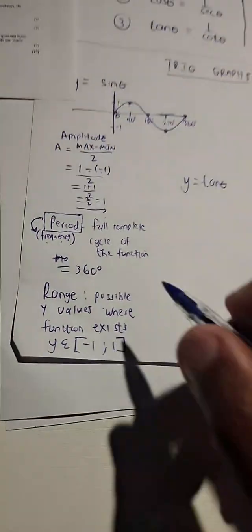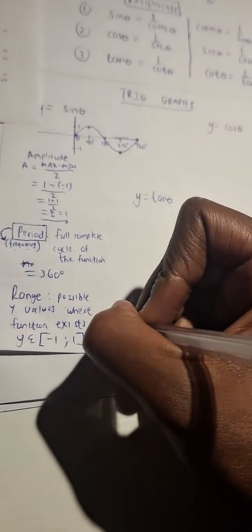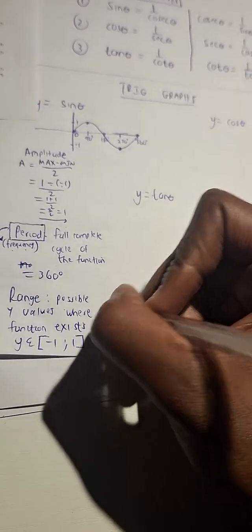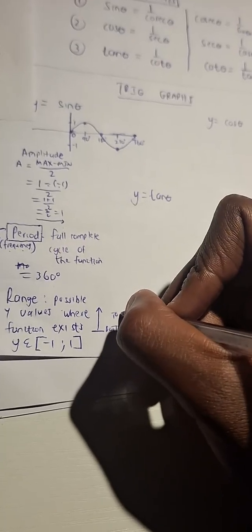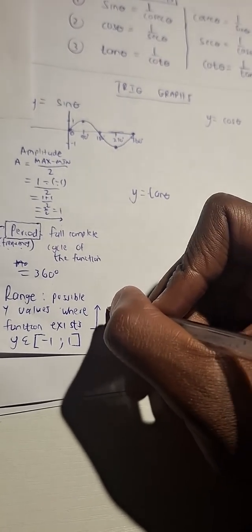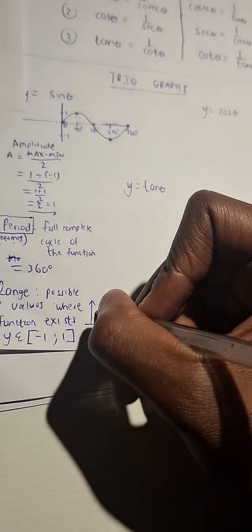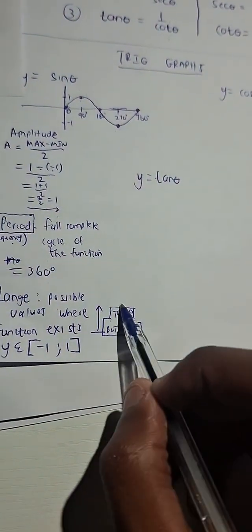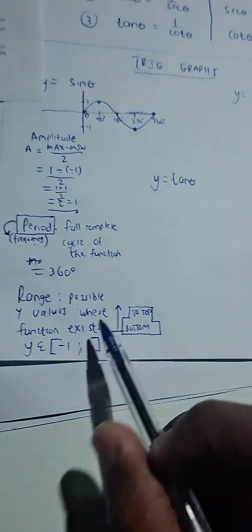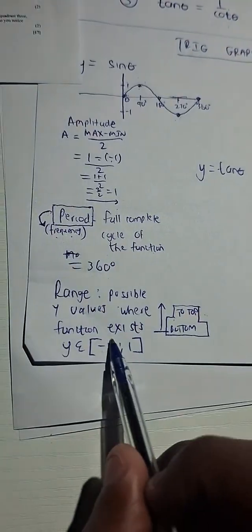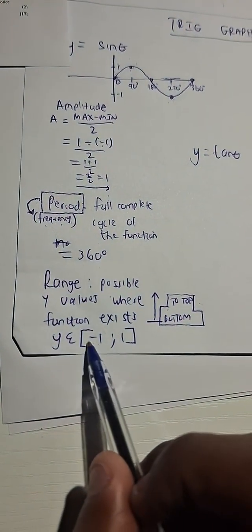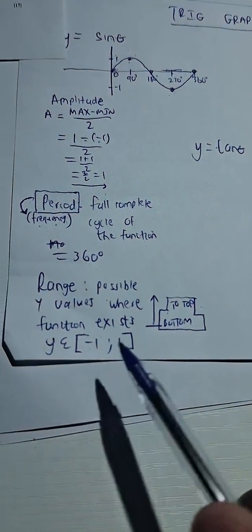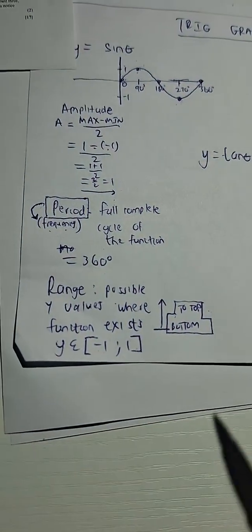So when we look at range, we are looking at the function from the bottom to the top. This is an important thing to note. When you write the range, you start from the bottom, the smallest value, to the top, the biggest value, and indicate that it exists everywhere.